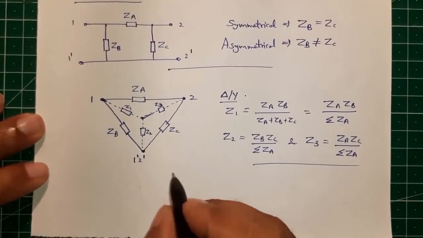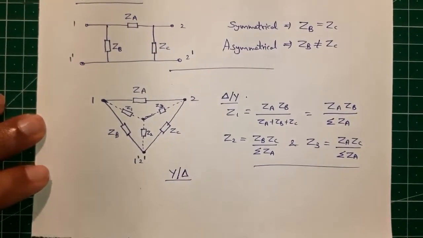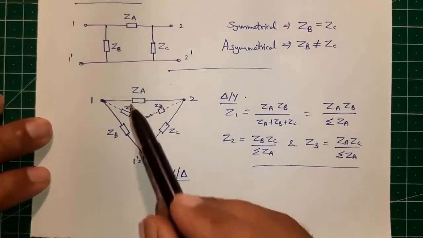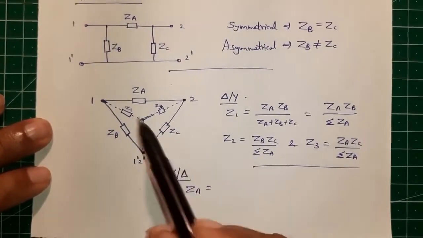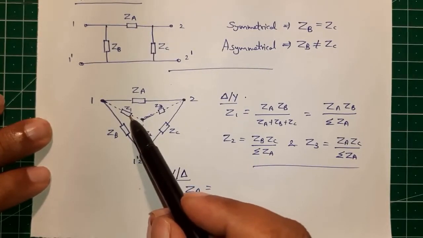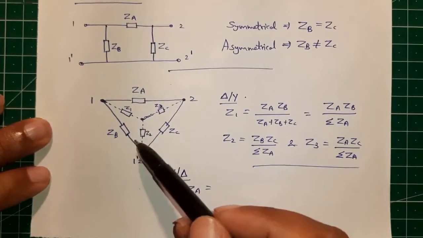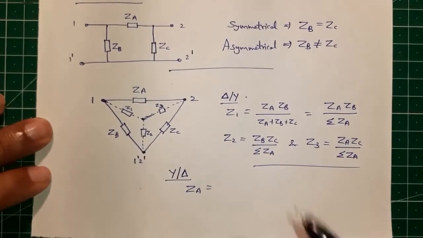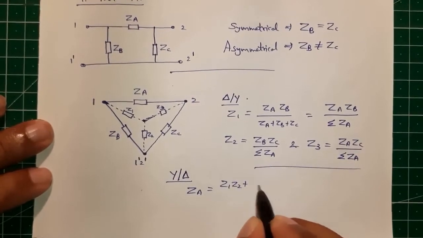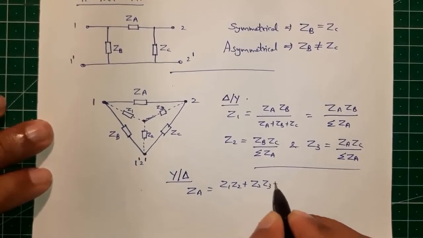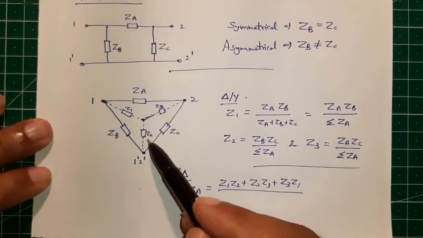Similarly, we can use the reverse transformation, that is star delta transformation, to find the delta parameters. For example, how can we find ZA? ZA is equal to Z1 Z2 plus Z2 Z3 plus Z3 Z1 divided by the opposite branch impedance, that is Z2.